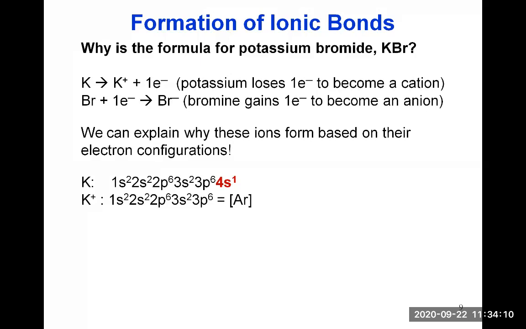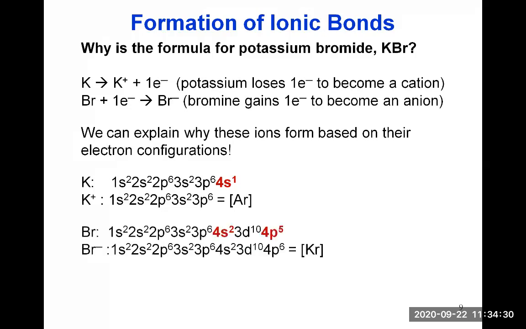And we know that the noble gases are very stable. They have a very stable electron configuration because all their orbitals are full, and their valence shell, the 3s and 3p, is full, so it makes argon very stable. Bromine has an electron configuration of 1s2, 2s2, 2p6, 3s2, 3p6, 4s2, 3d10, 4p5. So the valence shell for bromine is also the fourth, and there are 2 electrons in the 4s orbital and 5 electrons in the 4p orbitals.